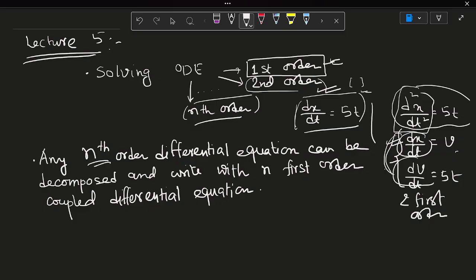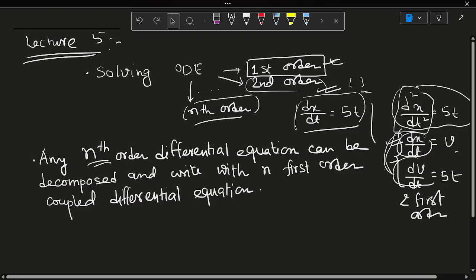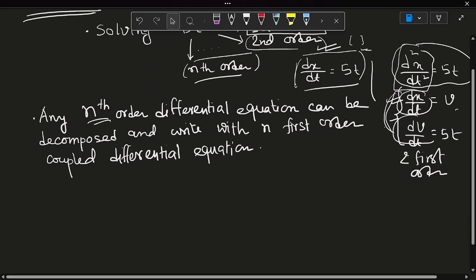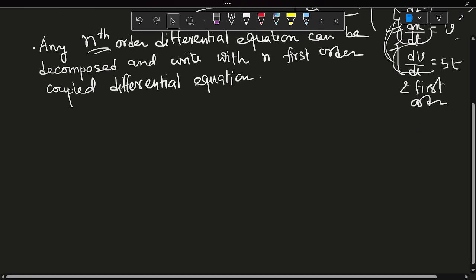If you know how to solve a first order differential equation, you are done with the topic of solving differential equations. Then you can effortlessly simulate any harmonic oscillator equation. Mostly they are second order differential equations, and there can be nonlinear terms and so on.